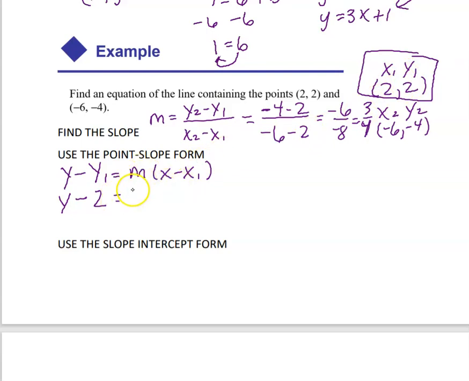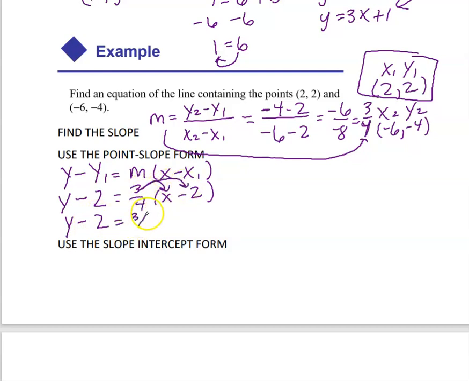My m, we know that was 3/4 because we solved that and got this. x minus x1, well, my x1 is also 2. So we would keep going and distribute this: 3/4 times x, minus 3/4 times negative 2, which ends up being negative 6 over 4. And I already have the minus sign, so I don't need to write another one of those.